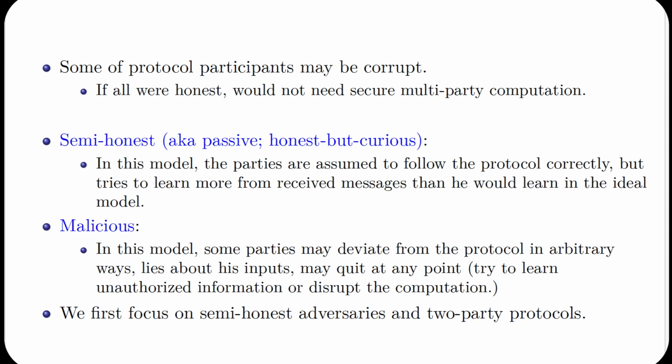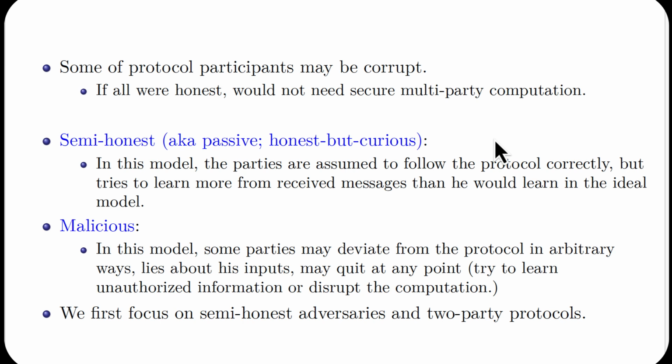Good. Now we have the semi-honest, which we call the passive, or honest-but-curious. Let's define what this means. The attacker in this situation acts as a passive attacker. It's not going to interfere with normal interaction. It's not going to lie, leave the computation in the middle, or try to cheat.